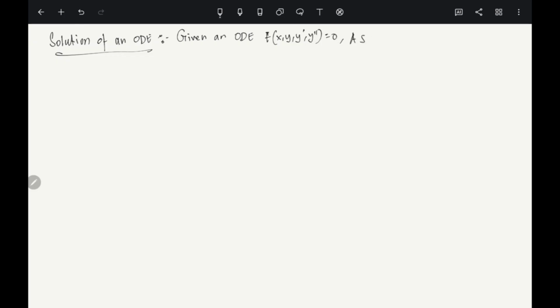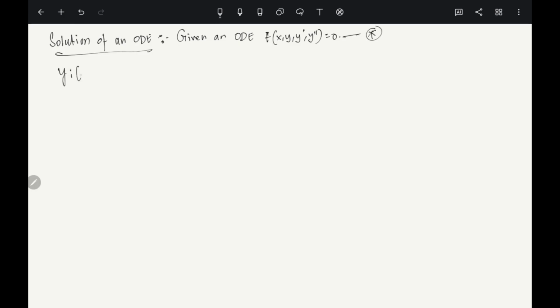A solution y, what does it mean? You are given this ODE, and I want to find out what it means for a solution of this ODE to exist. Let's call it star.